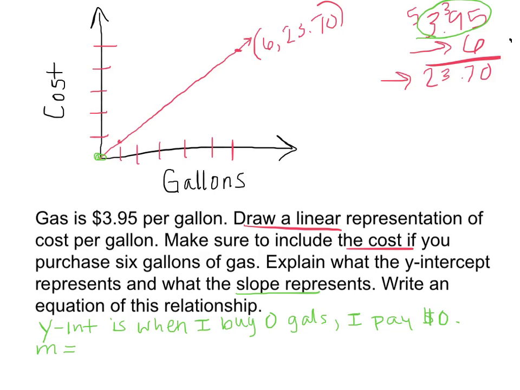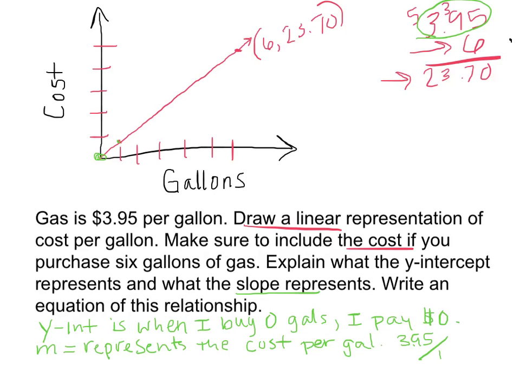The difference between (0, 0) and (1, 3.95) right here is a slope of 3.95. So slope is representing the cost per gallon, which is 3.95 over 1.